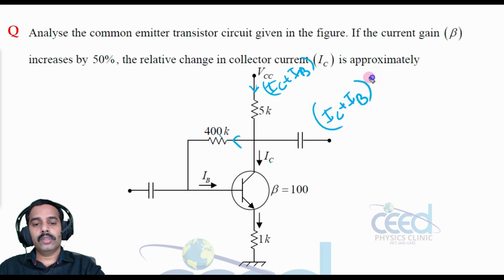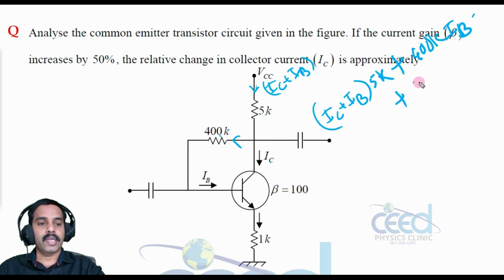So IC plus IB into 5K, plus 400K into IB, plus this emitter current, which is again IC plus IB, into 1K, that is equal to VCC.